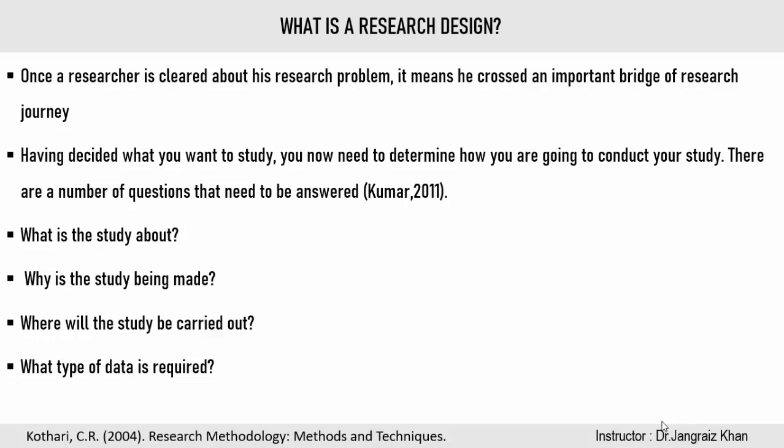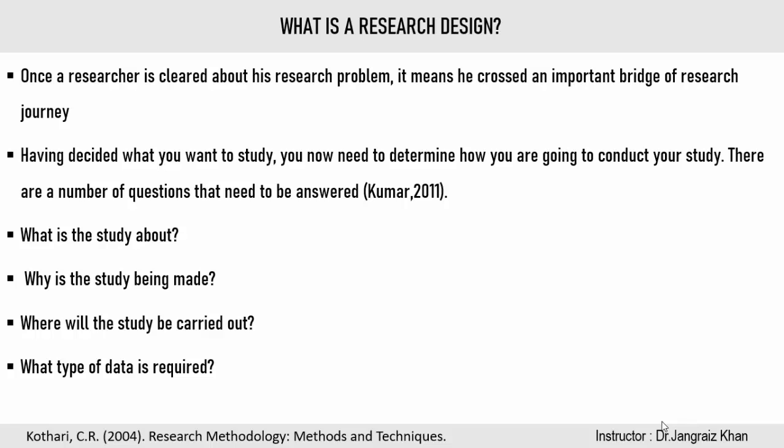Because once you come to know about your research problem and the causes of the study, and you are clear about the objectives of your study, then the next step becomes the collection of the data. And a question comes to mind: what kind of data is needed for your research, whether it will be primary data or secondary data.